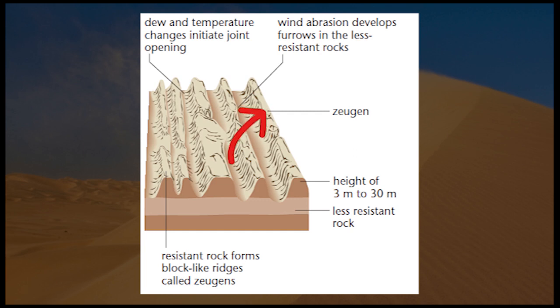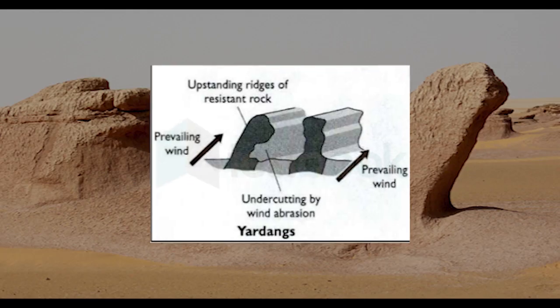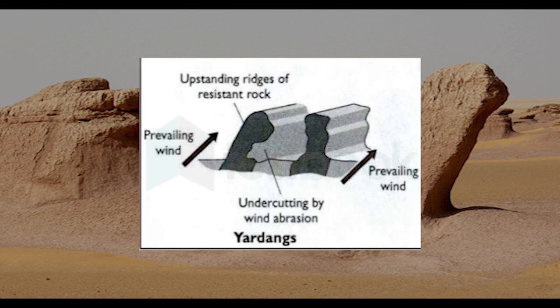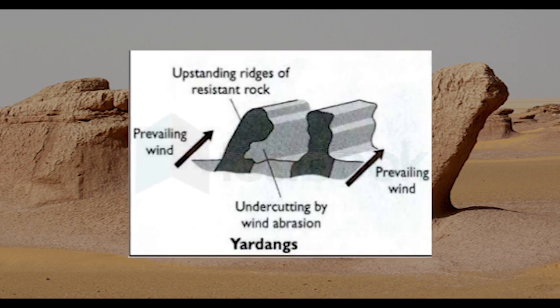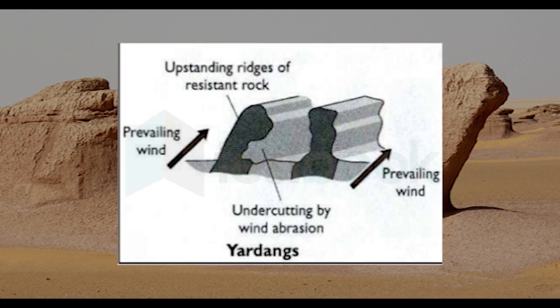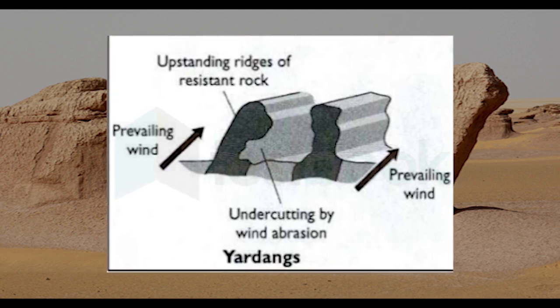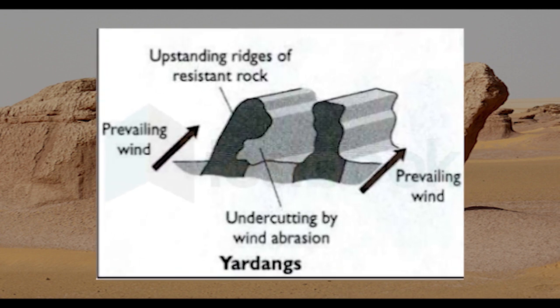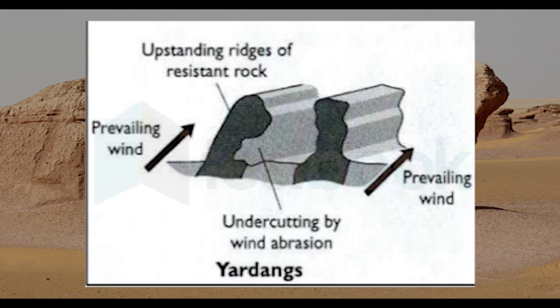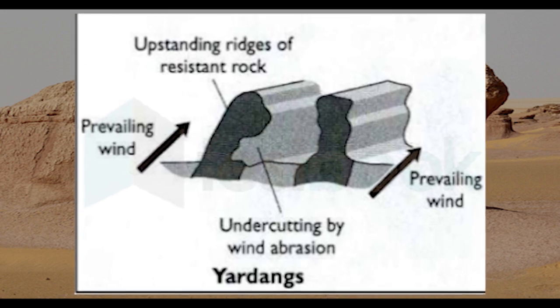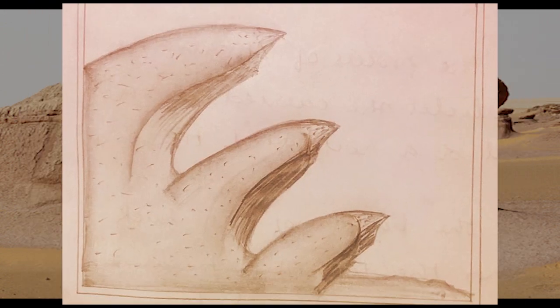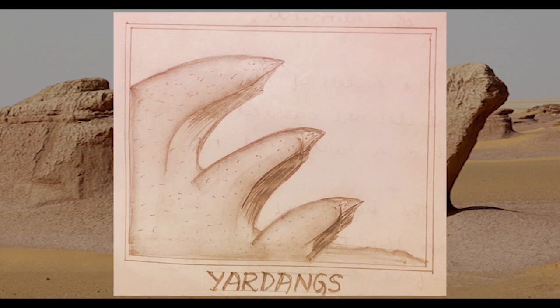The second feature resulting from wind erosion is yardang. A yardang is formed almost in the same way as zeugen, except that yardang only develops on landscapes which have bands of hard and soft rocks, lying parallel to the direction of prevailing winds.